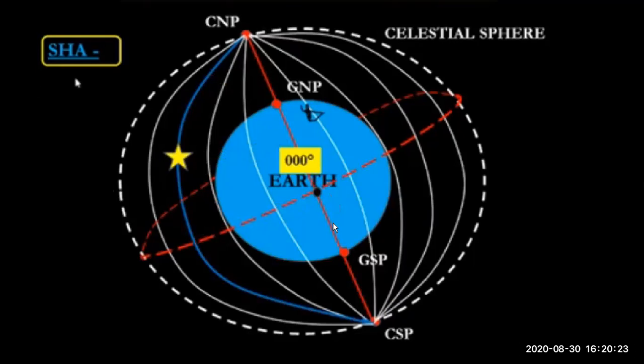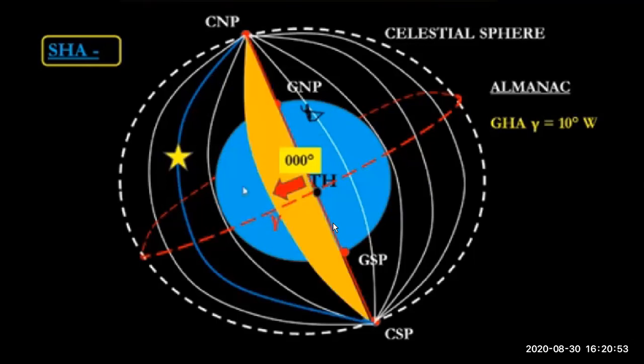Now let us see how with the help of SHA we can get the GHA of any star. So let us say from the almanac we got GHA Aries as 10 degrees west. So what is this 10 degrees west? That is towards the left side.